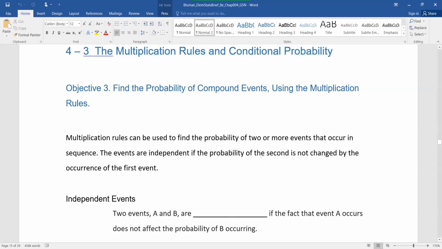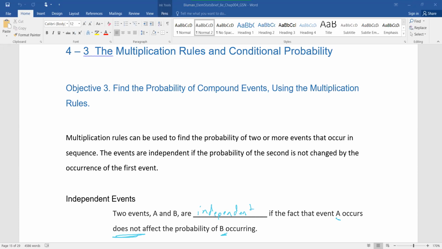So 2 events A and B are independent if the fact that event A occurs does not affect B. An example here real quick: if I roll the die, and let's say I get snake eyes, and I roll the die again, does getting snake eyes the first time affect my roll the second time?